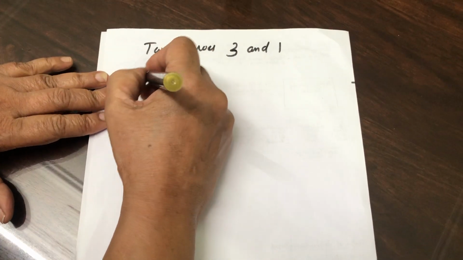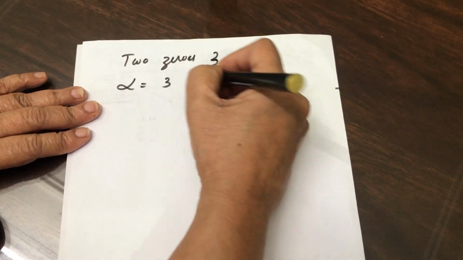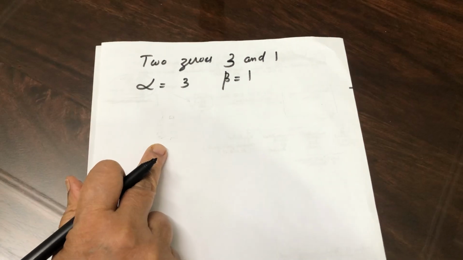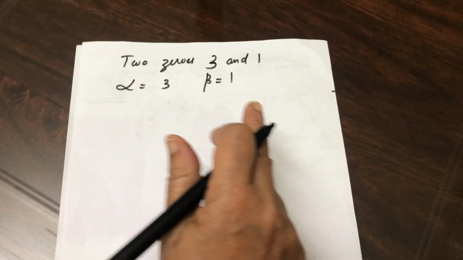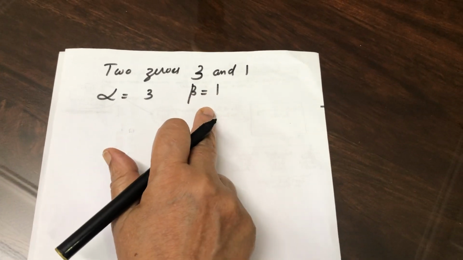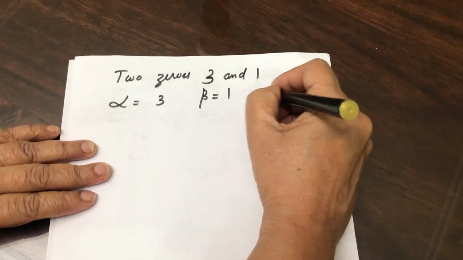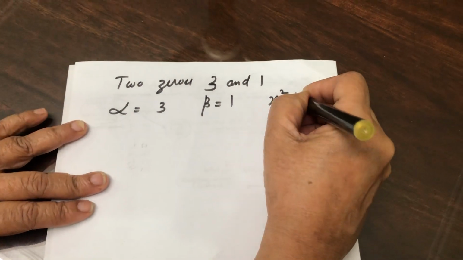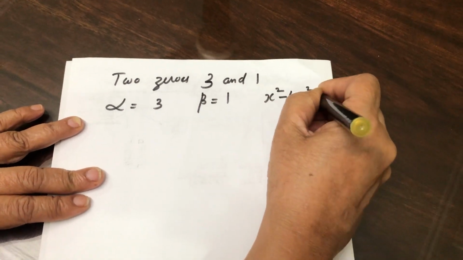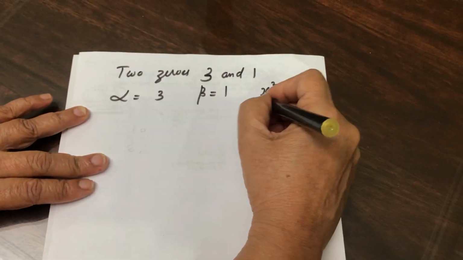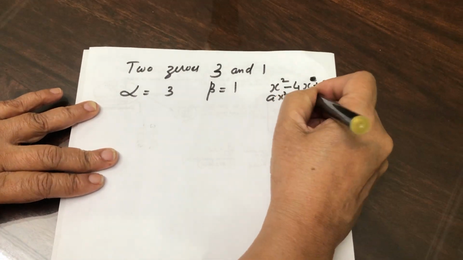Then alpha you can take as 3, beta you can take as 1. Now I am going to verify the relationship between the zeros and the coefficients. Our polynomial is x squared minus 4x plus 3, so this is ax squared plus bx plus c.